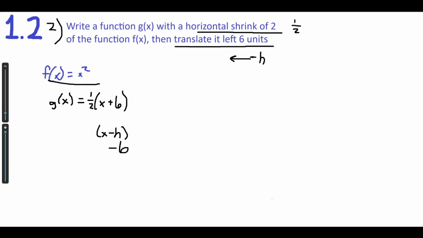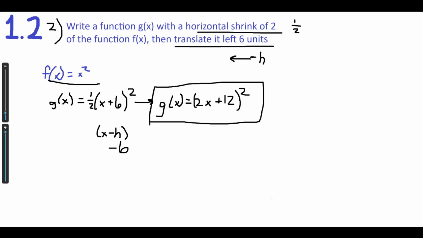So then we would just factor this, get rid of this 1/2 by multiplying by 2. So then we get g of x equals 2x plus 12, I forgot to square this, squared. And that is your final answer.